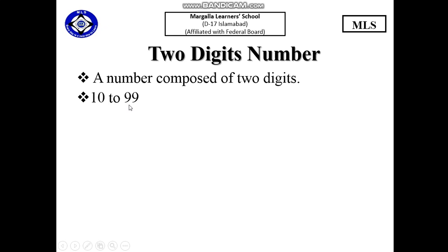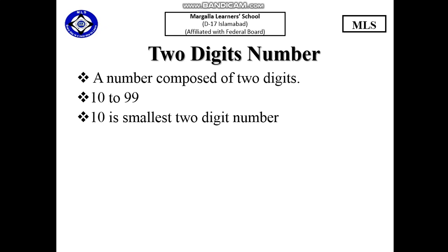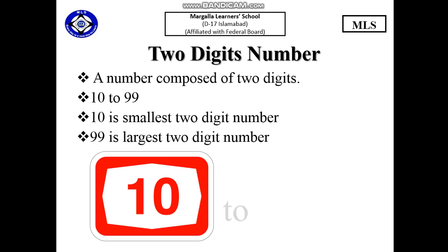These are two digits. So numbers from 10 to 99 are two-digit numbers. 10 is the smallest two-digit number and 99 is the largest two-digit number.